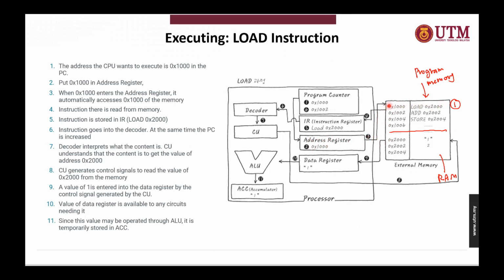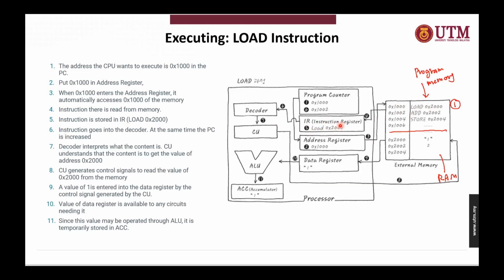Once it gets the address from the program memory, the instruction inside of this address will be read from the memory, and then stored in the instruction register. So this is what happened in step number 5. You can see here load 2000, which is located at address 1000, is now stored inside of the instruction register.